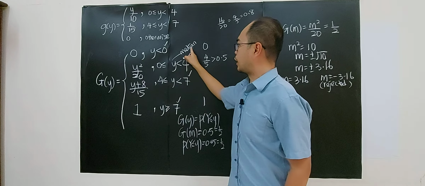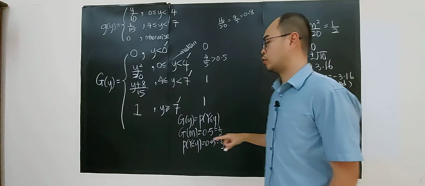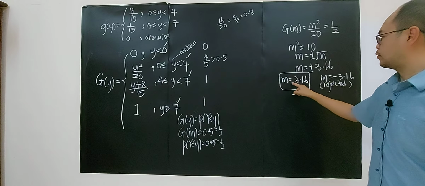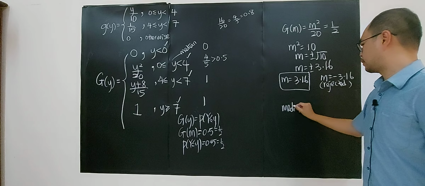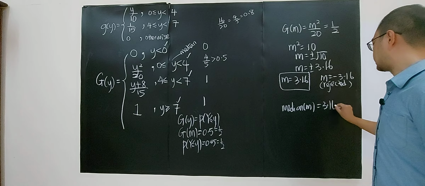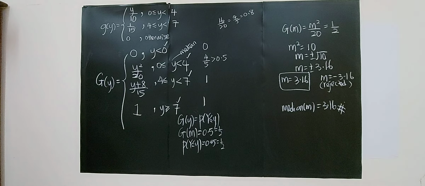I know that the median must be between 0 and 4. This value is not between 0 and 4, and this is the one that is. So the median m is 3.16, and this is your answer. Hope you understand this video.